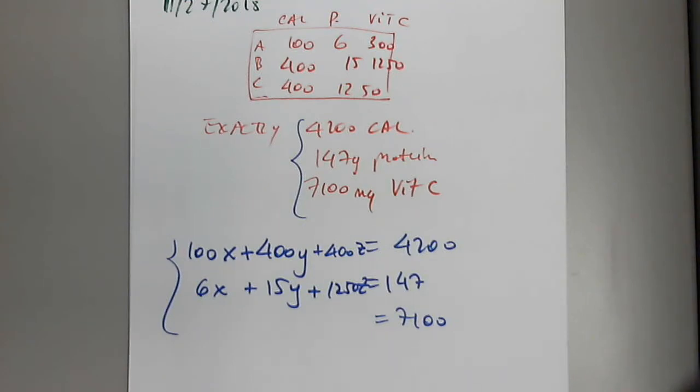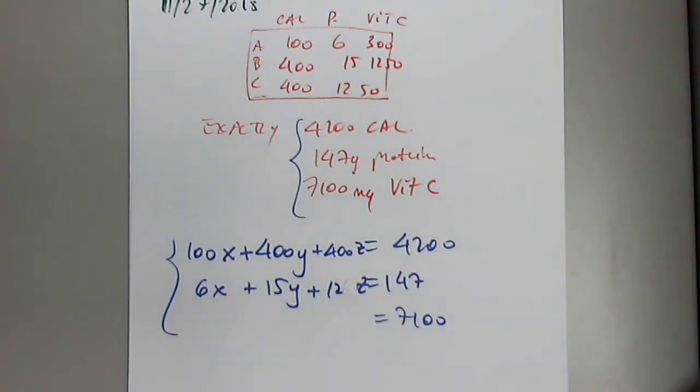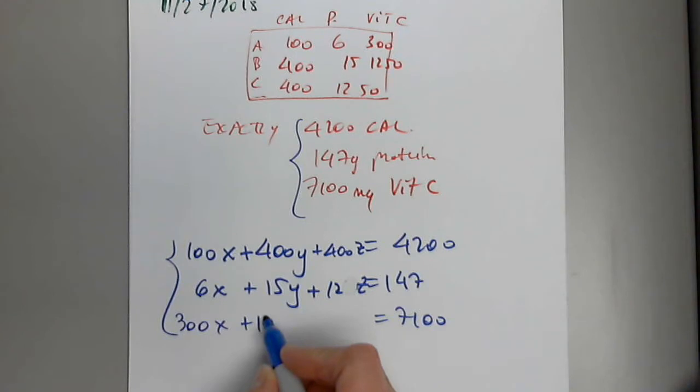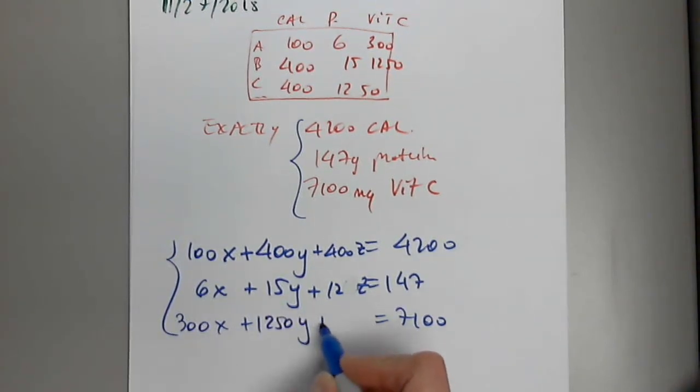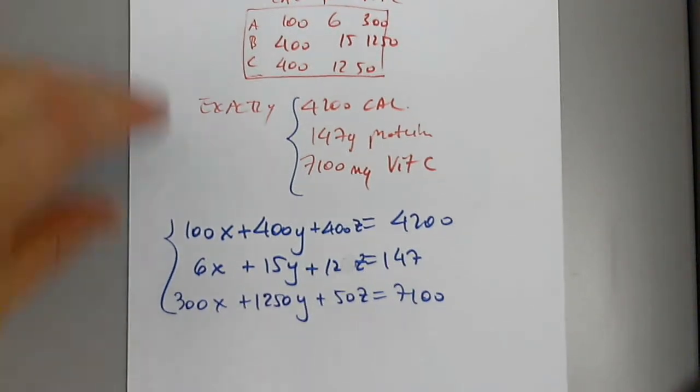I looked at the wrong number. Thank you. You have to go down. Perfect. Okay, last one, for vitamin C: 300x, plus 1250y, plus 50z. Very good.